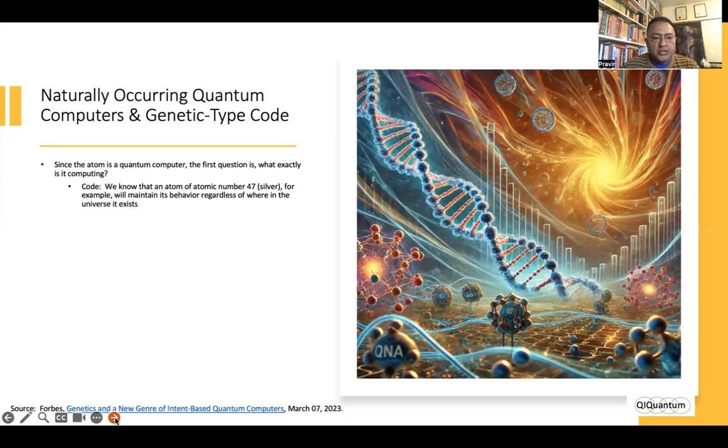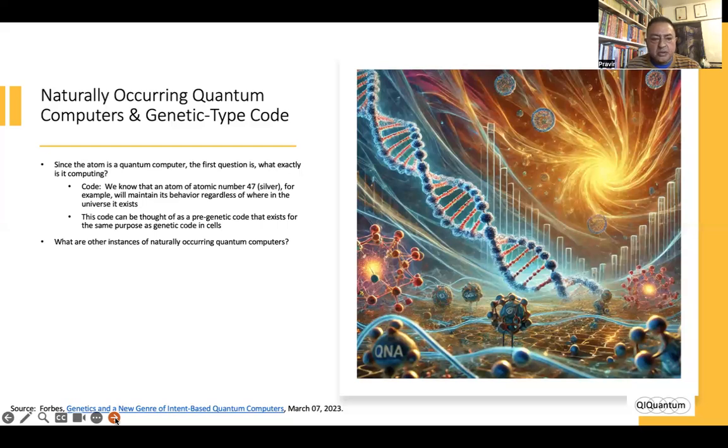And I want to suggest that this is due to some kind of code that is accompanying that atom, and that, in a sense, is binding the atom to a certain set of behaviors and a particular way of operating in the universe. So this code, if it exists, can be thought of as pre-genetic code that essentially is fulfilling the same purpose as a genetic code in cells.